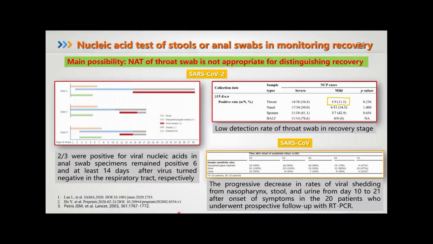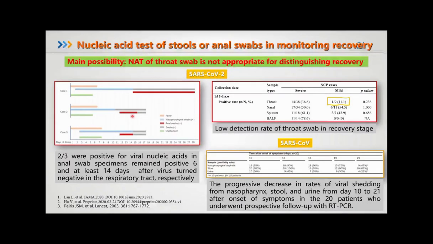Hu and colleagues reported that in 2 of 3 cases of COVID-19 with respiratory tract infection and no gastrointestinal symptoms, the anal swab specimens remained positive 6 and at least 14 days after the virus turned negative in the respiratory tract.